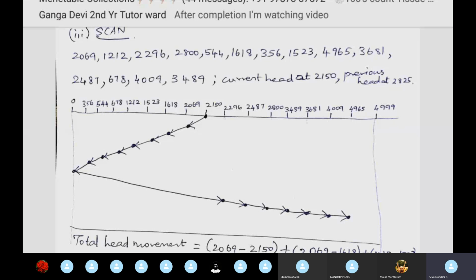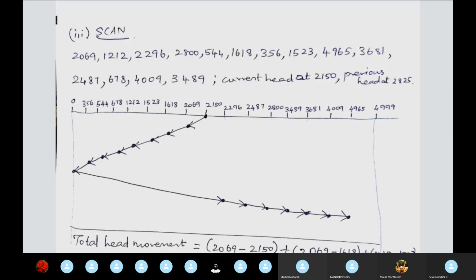Okay, scan algorithm follows the same direction as the previous head moves to the current head. So previous head 2825 ல இருந்து 2150 க்கு மூவ் ஆயிருக்கு. So the same direction தான் traverse பண்ணனும். Okay, so 2825 ல இருந்து towards 0 னால 2150 க்கு மூவ் ஆயிருக்கு.